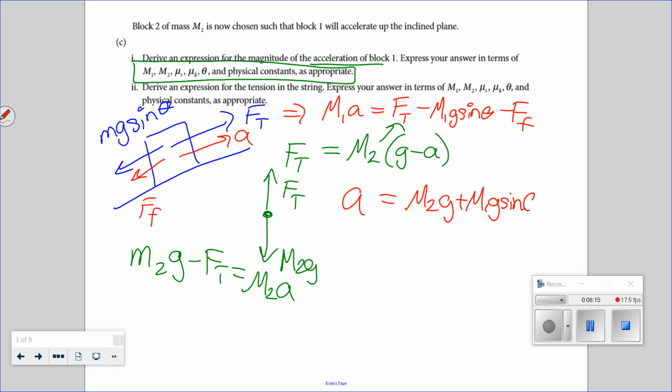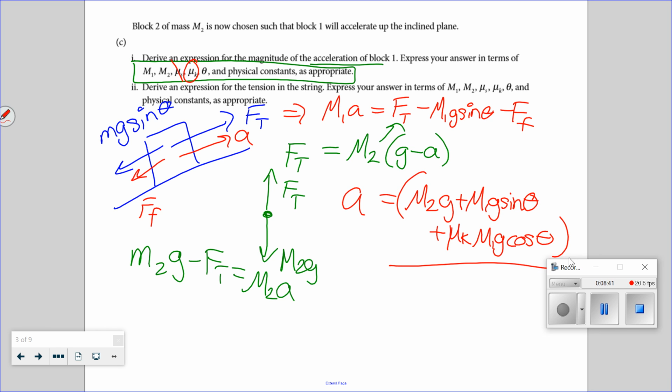We're running out of room, so I'm going to be bad and put mu_k, kinetic friction. Now the static one is gone. Minus mu_k m1g cosine theta, all of that added together, bad math syntax, sorry, over m1 plus m2.